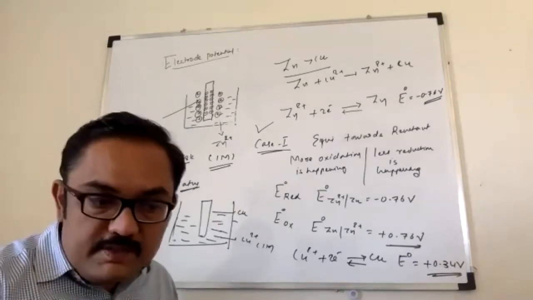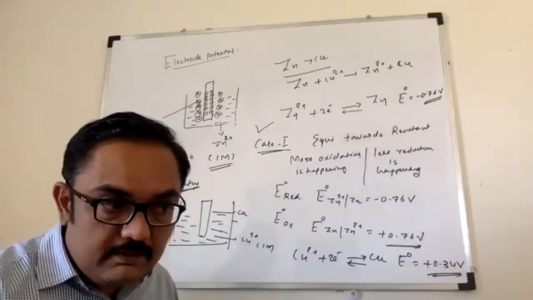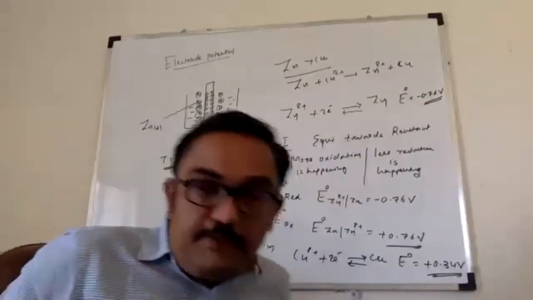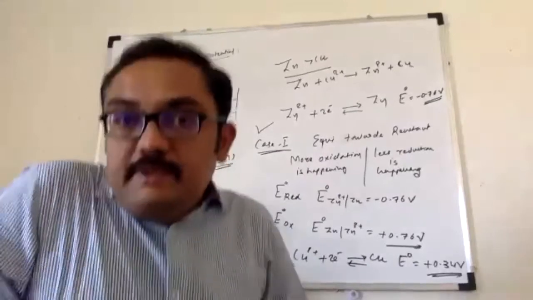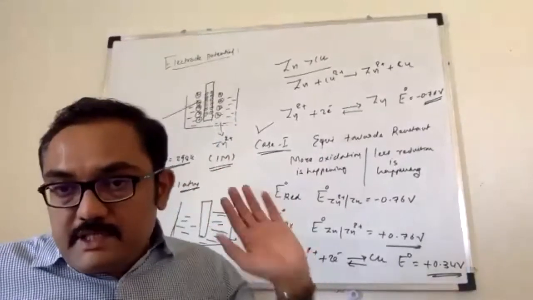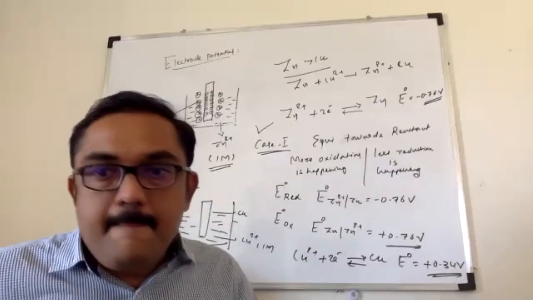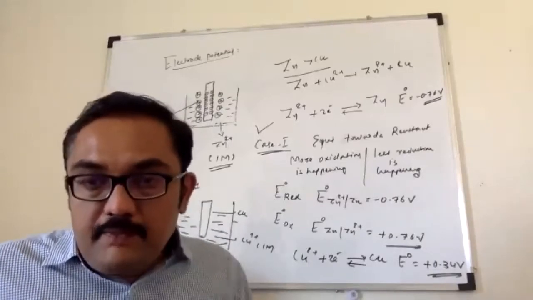So, are you clear about standard reduction potential? Yes. Okay. So we have discussed for which system. The system which I have drawn on the board is which type of system? Half cell. That is a half cell. But which type of half cell?